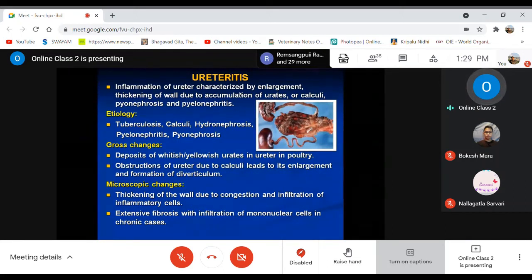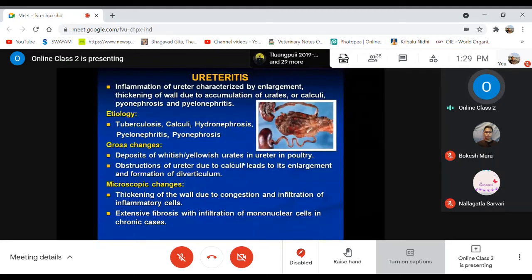Mostly, when we are talking about the etiological agents or factors, tuberculosis, renal calculi, hydronephrosis, pyelonephritis and pyelonephrosis may be the causative factors for this type of ureteritis. Grossly, there may be deposits which are whitish or yellowish in color.